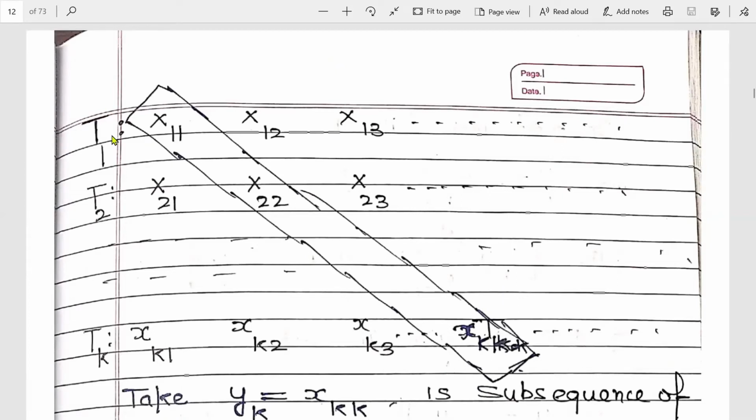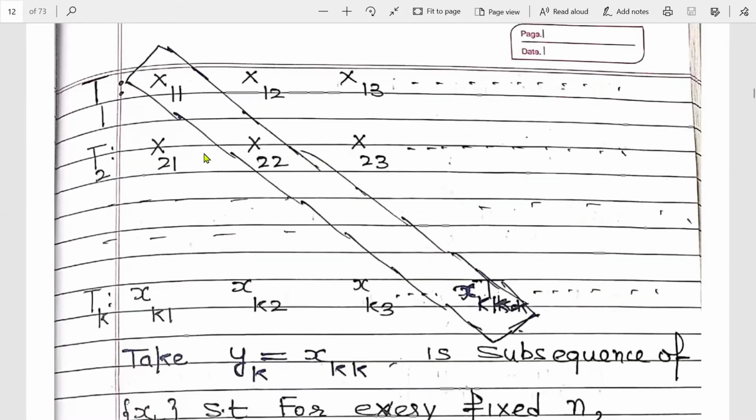The first sequence under operator T1 is Cauchy, the second sequence under operator T2 is Cauchy, and the sequence under Tk is a Cauchy sequence, which we already proved with the help of compact linear operators.